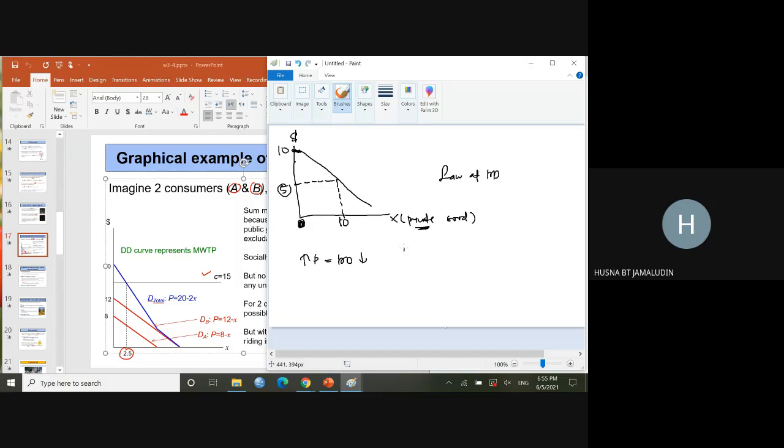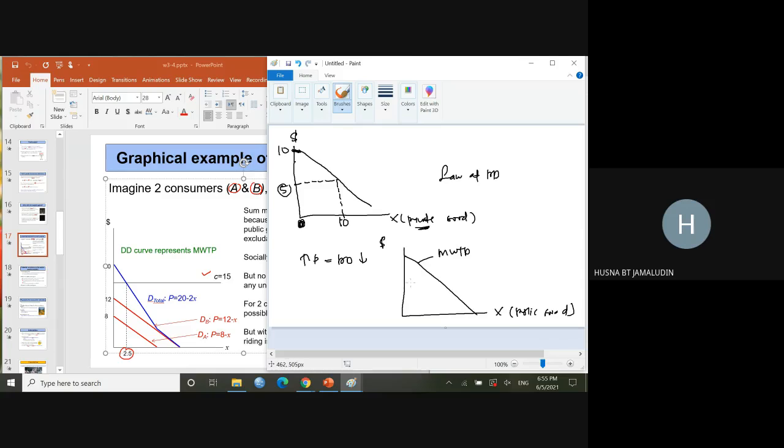Okay, for the public good, the explanation is a bit different because this axis is dollars or ringgit, in terms of money, and your demand curve here is actually marginal willingness to pay. This is your public good. So why is it downward sloping?